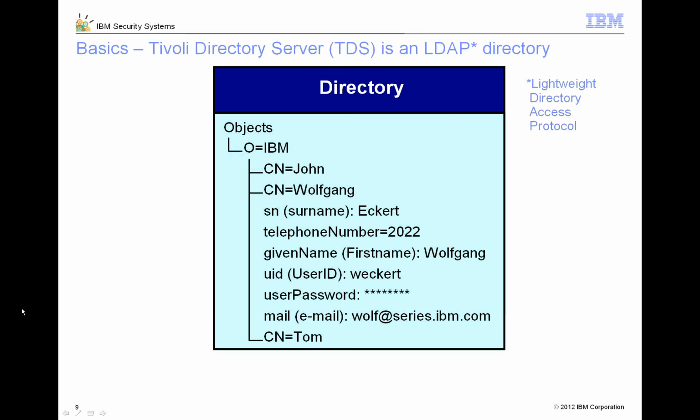So let's briefly talk about what LDAP is, right? What is a directory? As we know, an LDAP directory server is where you store the data in the form of a tree structure. You have a base entry which has child entries, and each child entry could have its own child entries and so on. So it forms a complete directory structure. The idea behind the LDAP directory is that each entry in the directory could have multiple attributes and values, right?